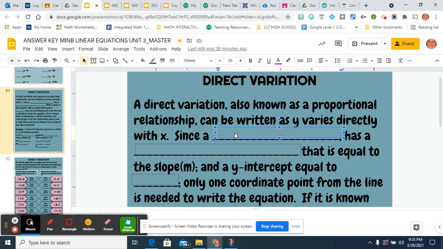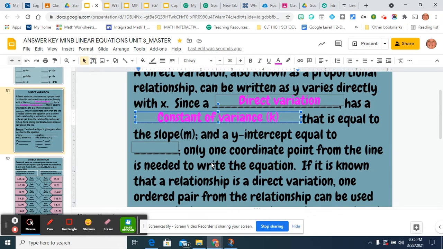So a direct variation, also known as a proportional relationship, can be written as y varies directly with x. Since a direct variation has a constant of variation, the variable k is often used to represent that, which is equal to slope m, and a y-intercept equal to 0.